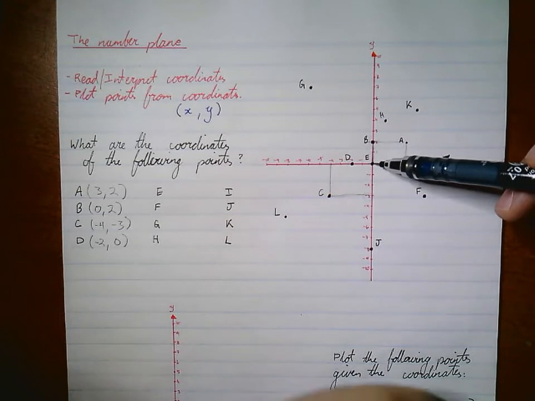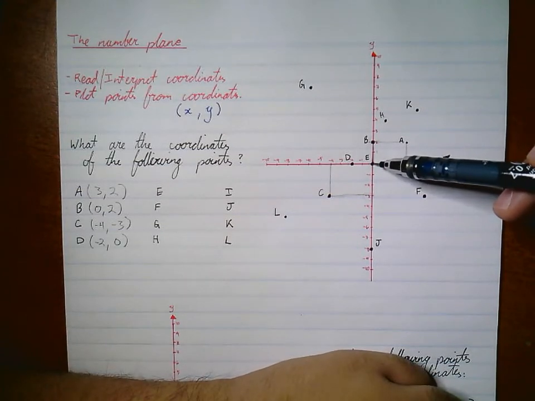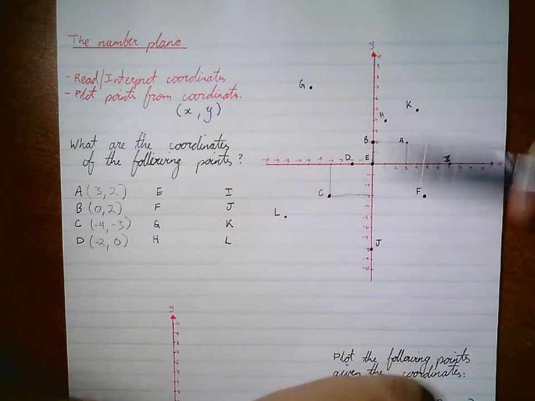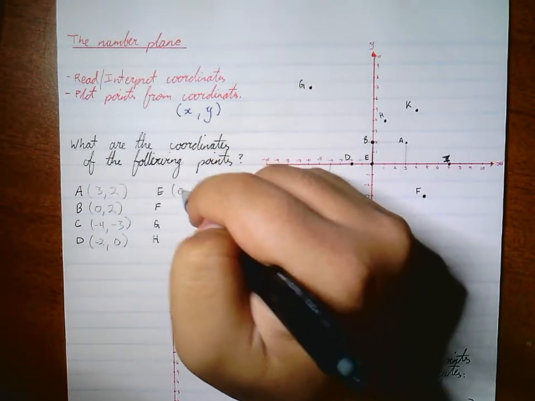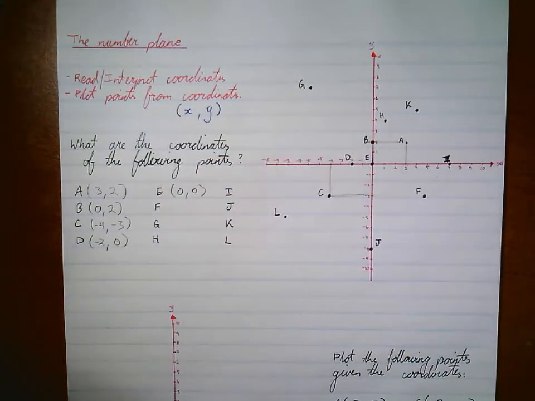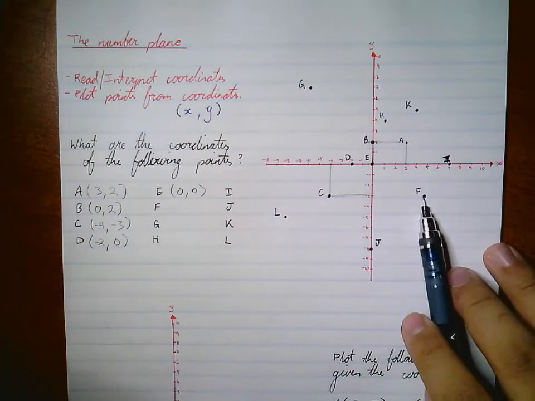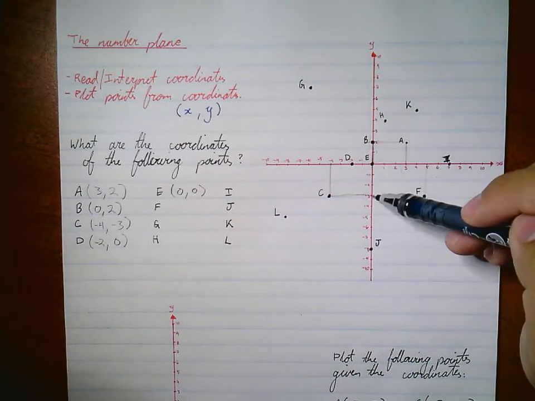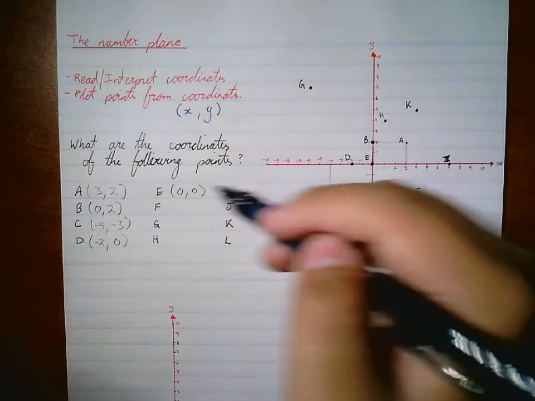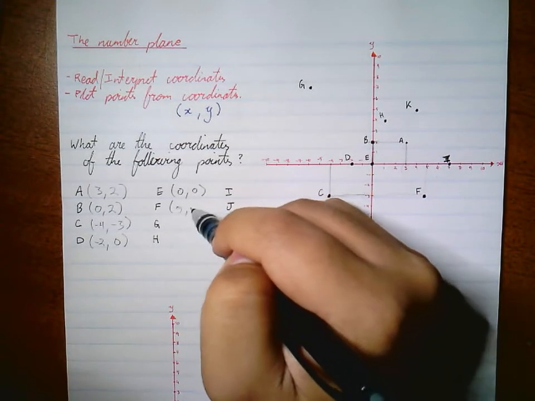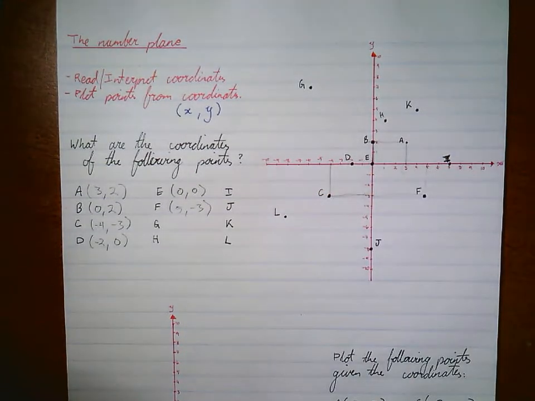Point E, there it is right in the middle. It hasn't moved left or right or up and down, so it must be 0, 0. Let's keep going. Point F, from the looks of it, is 5, -3. Let's take a look now.